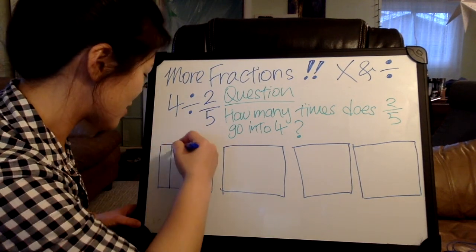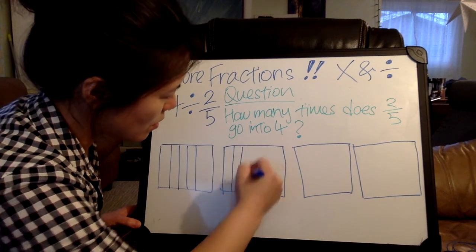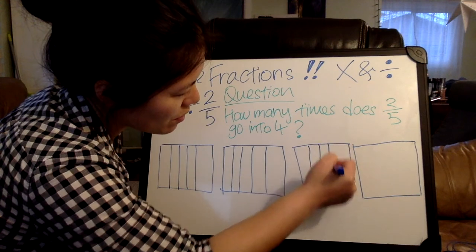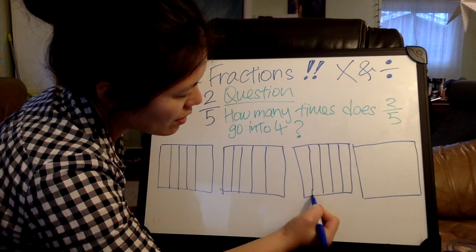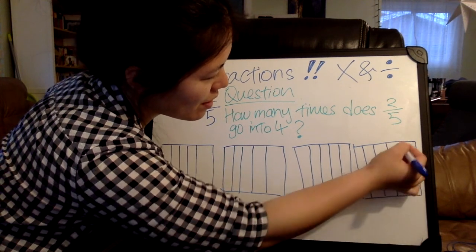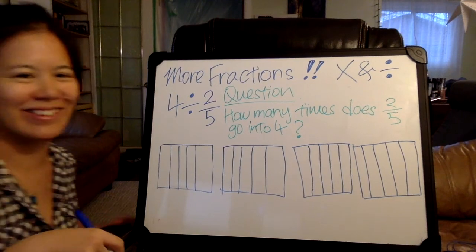So I'm going to divide each one: 1, 2, 3, 4. Look at how equal these pieces are.